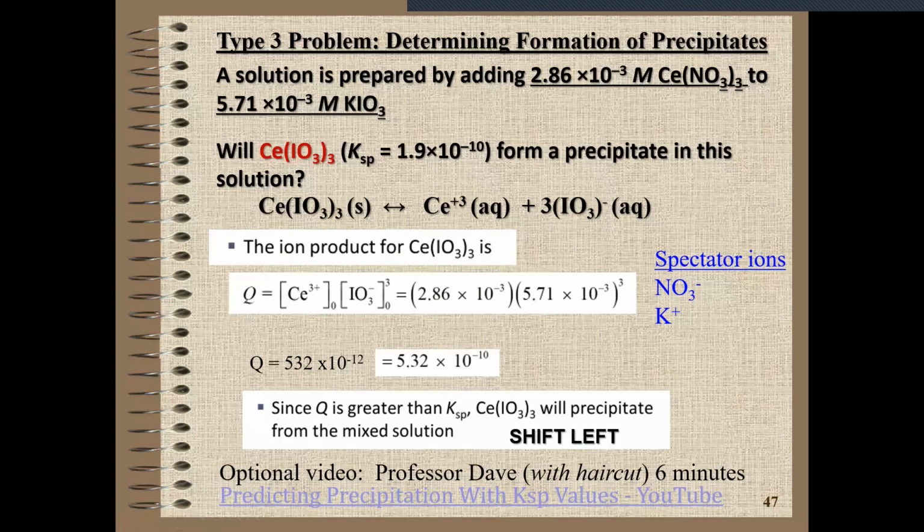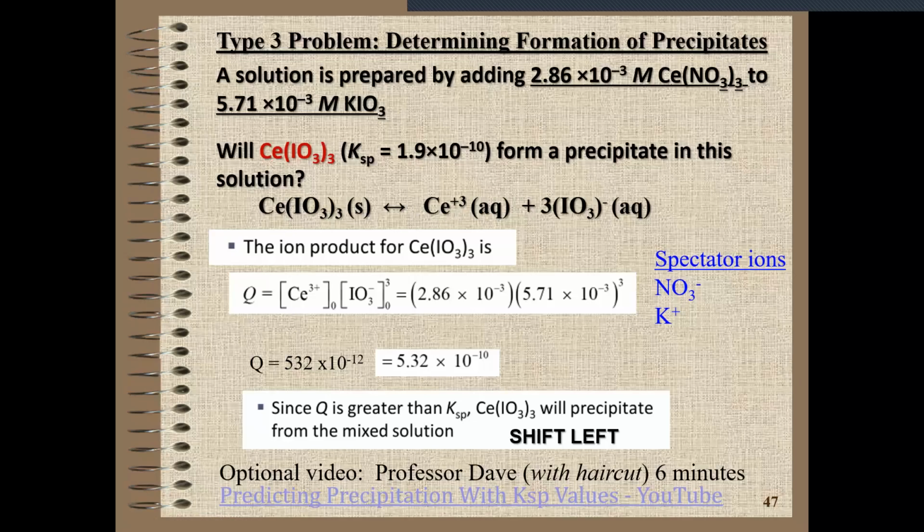How does that compare with KSP? Well, it's 5.3 times 10 to the minus 10, whereas KSP is 1.9 times 10 to the minus 10, which is bigger. 5.3 is bigger. And if Q is bigger than KSP, that means there are too many products, so it's going to shift left and precipitate. So when Q is greater than KSP, it's going to form a precipitate.